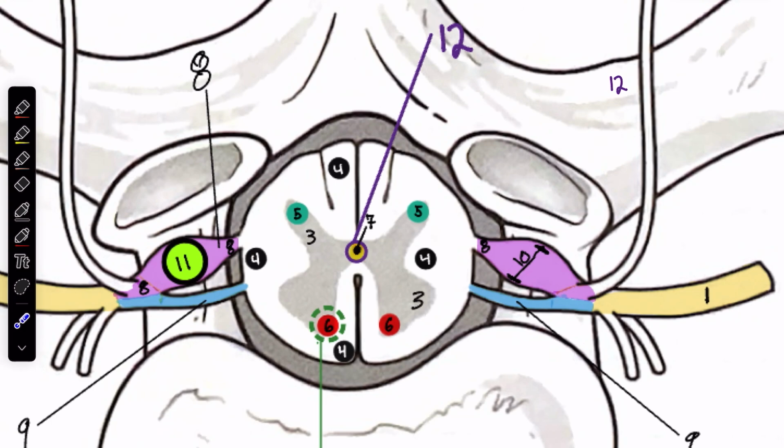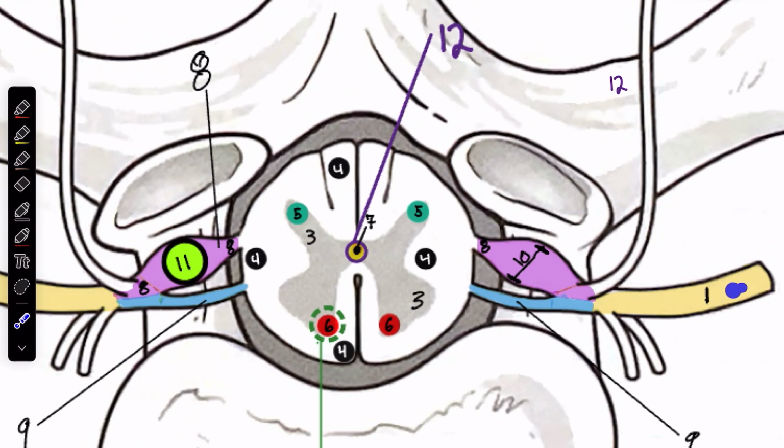So, number one, we've got our spinal nerve. Kind of like we talked about with the brachial plexus and the nerves coming through C5 through T1, those are spinal nerves.